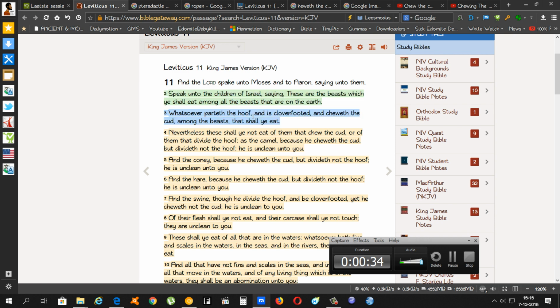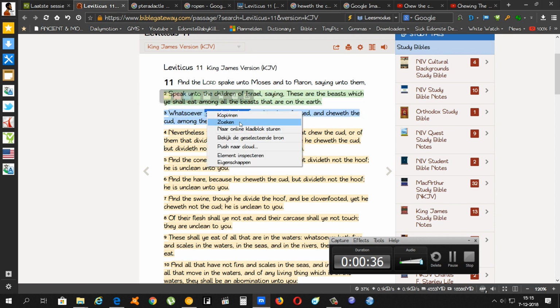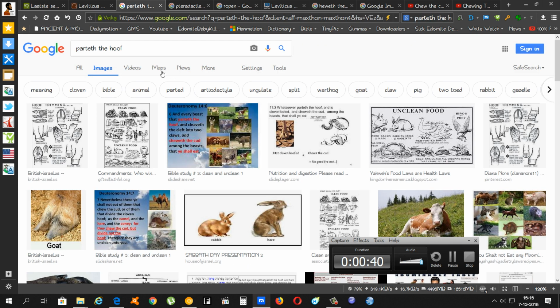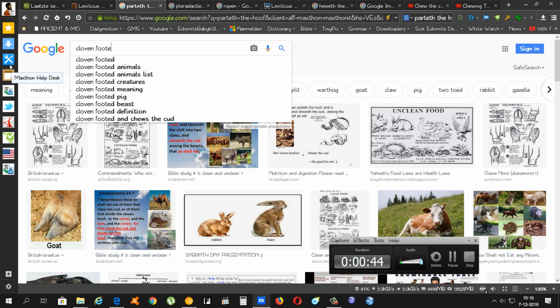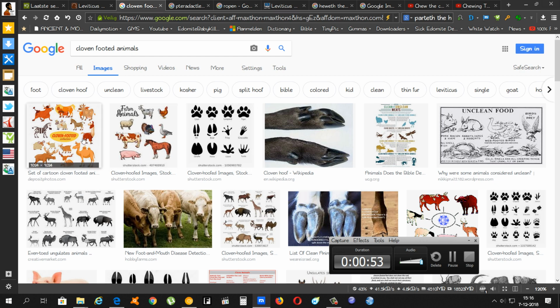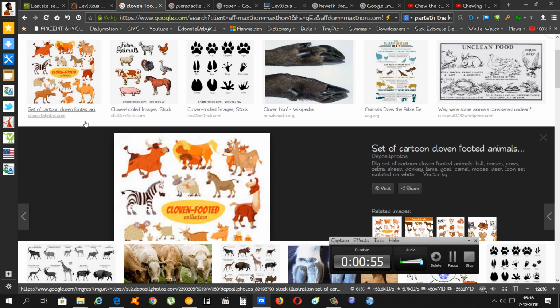Whatsoever parted the hoof, right? Parted the hoof are these animals, cloven feet. Cloven-footed animals. These are basically cloven-footed animals.